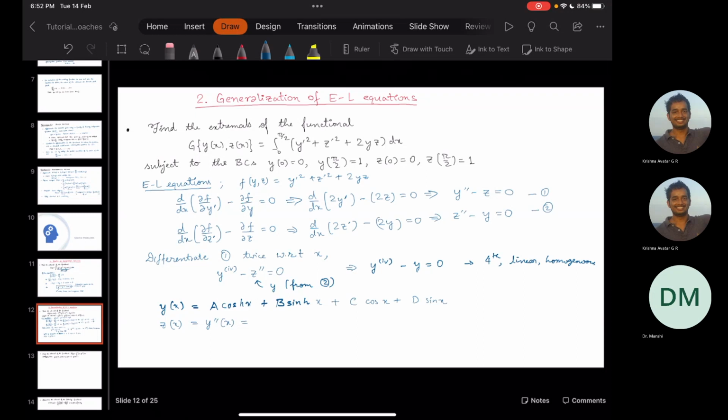Let's derive an expression for z of x by applying the second differentiation operator on every term in the expression for y. The first derivative of cosine hyperbolic x is sine hyperbolic x, and after applying the differentiation operator again, we get back cosine hyperbolic x. So the first term is nothing but a cosine hyperbolic x.